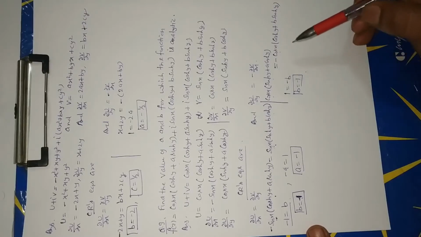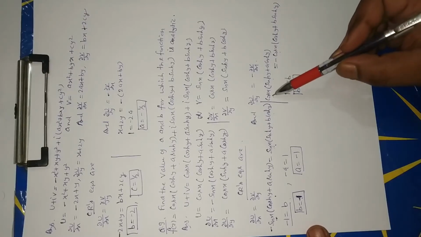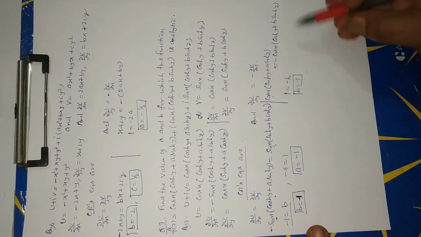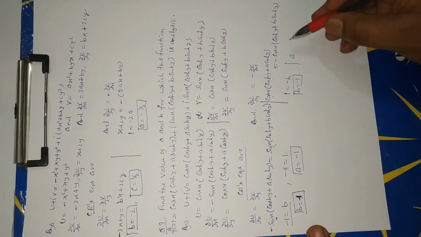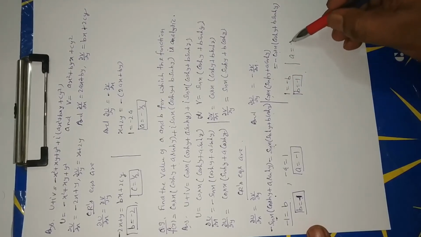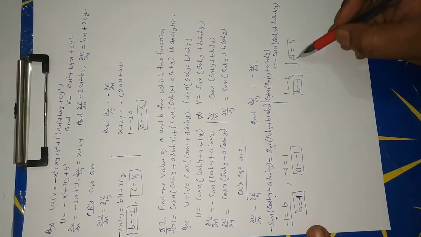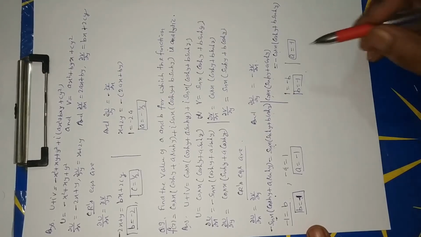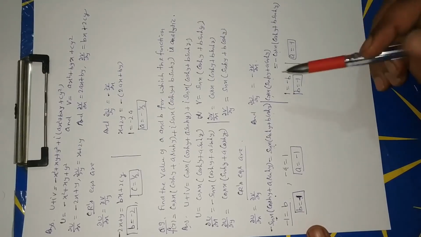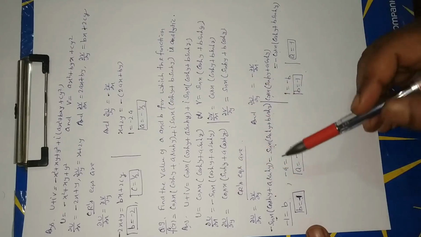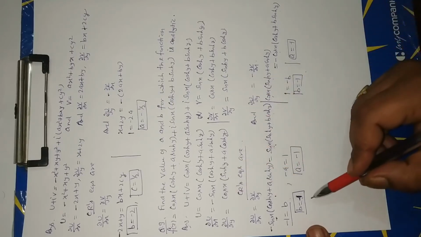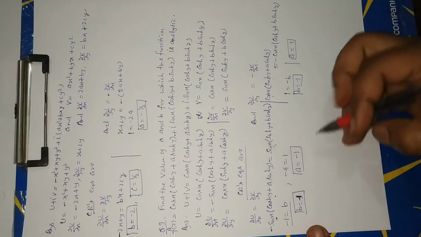Similarly, the coefficient of cos x cosh y, here a and here minus 1, so the value of a will be the same. Okay student, the value of a is minus 1 and the value of b is minus 1.